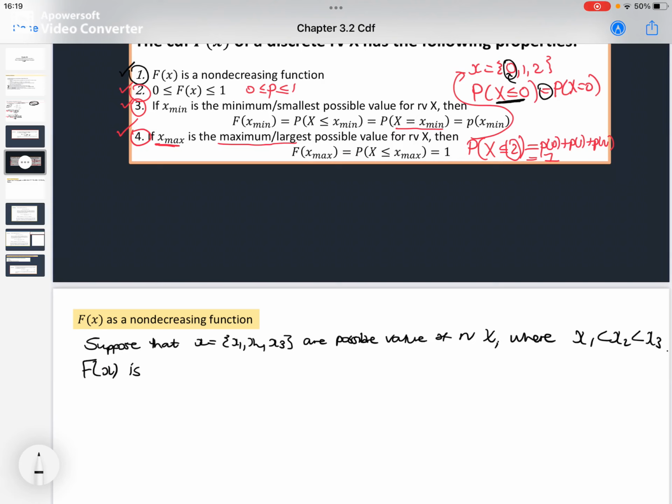F is a non-decreasing function if, for x1 less than x2, we have F(x1) less than or equal to F(x2). So if x1 is less than x2, then the probability that X is less than or equal to x1 will be smaller than or equal to the probability that X is less than or equal to x2. Does it make sense?